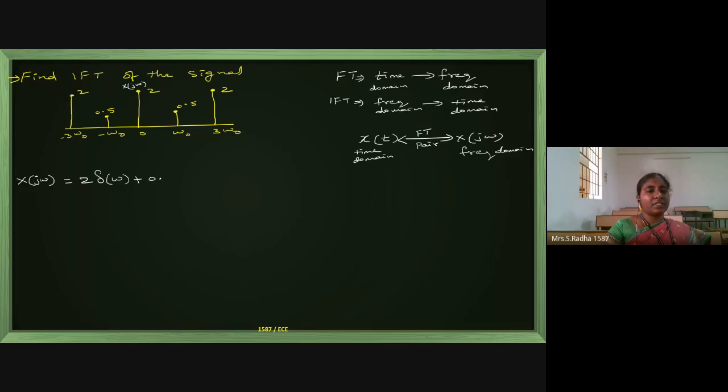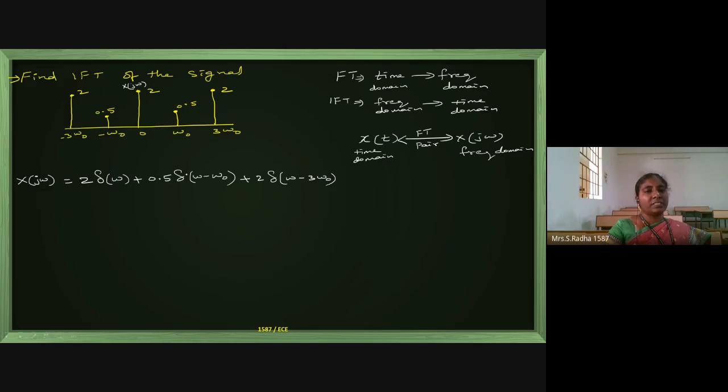Right side, it is having 0.5 height, and it is at omega naught, a shifted impulse. Del of omega means at origin. Del of omega minus omega naught means shifted impulse at omega naught, height is 0.5. Again 2 units height is present at 3 omega naught, so omega minus 3 omega naught, we are having a height of 2. This is right side of the origin.